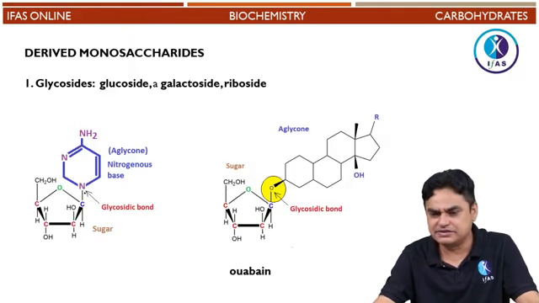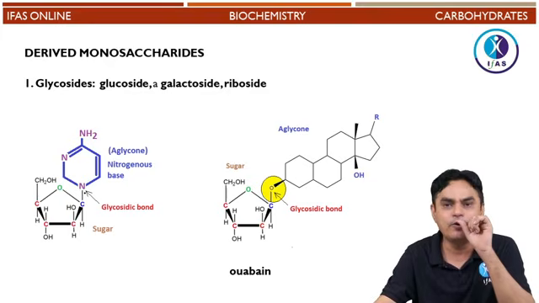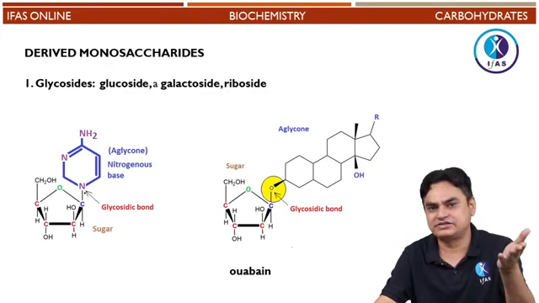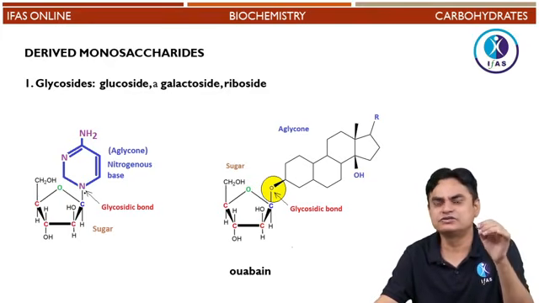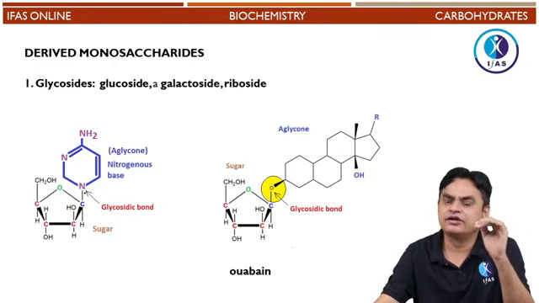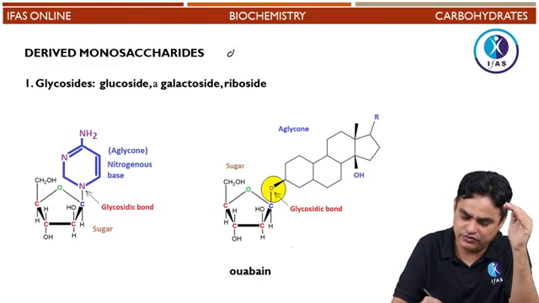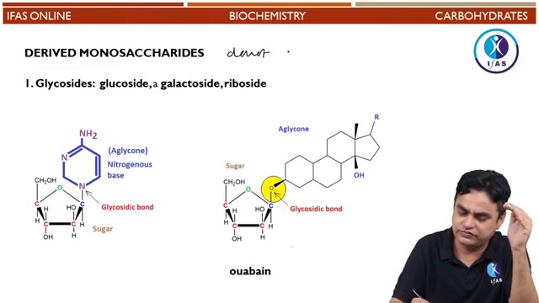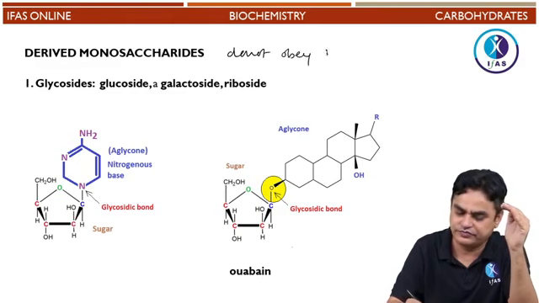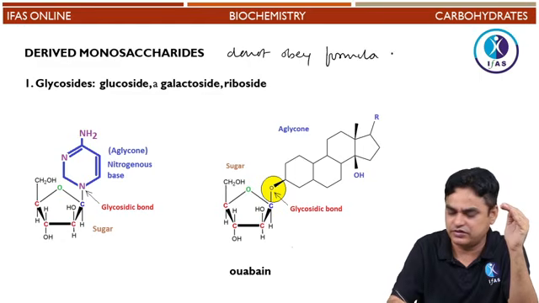Now there are some modified, or you can say derived, monosaccharides. Derived monosaccharides are those which do not obey the formula CnH2nOn.